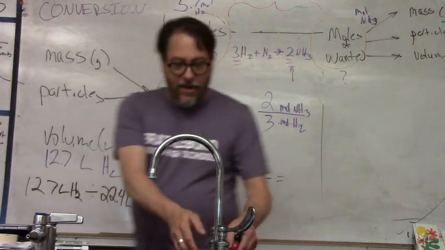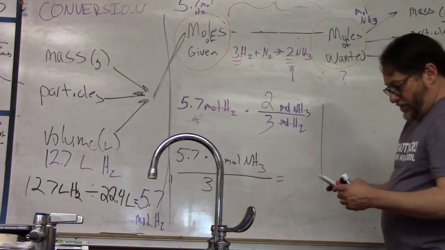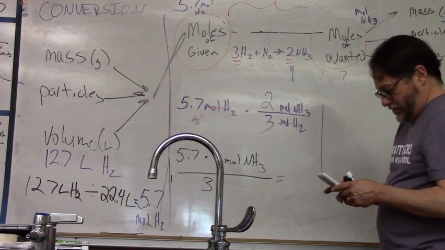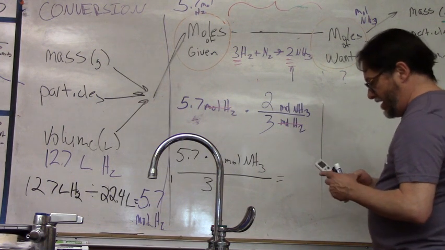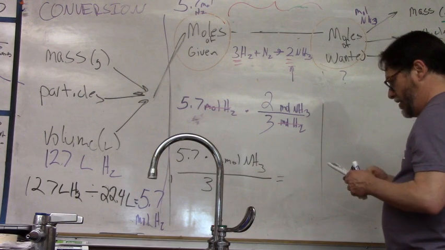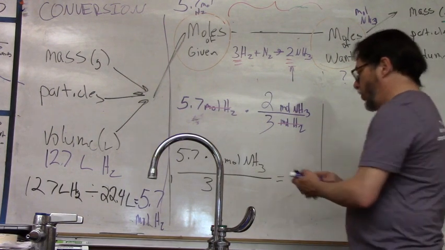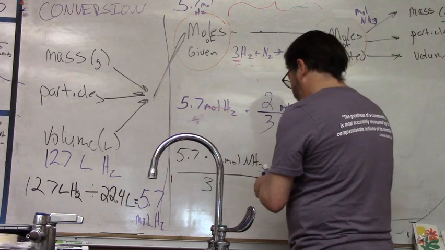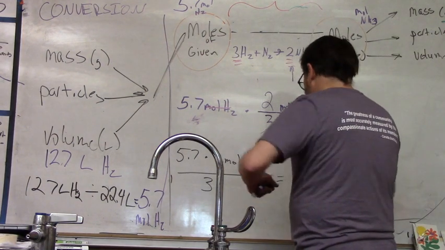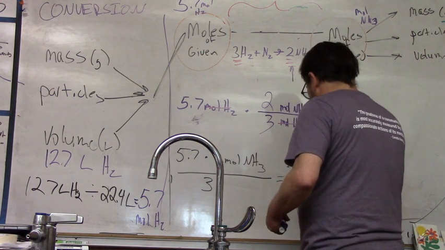Here it is. So the way I would do this, I'll just do 5.7 times 2. And I'll divide that number by 3. It gives me 3.8 moles of NH3. 3.8 moles NH3.